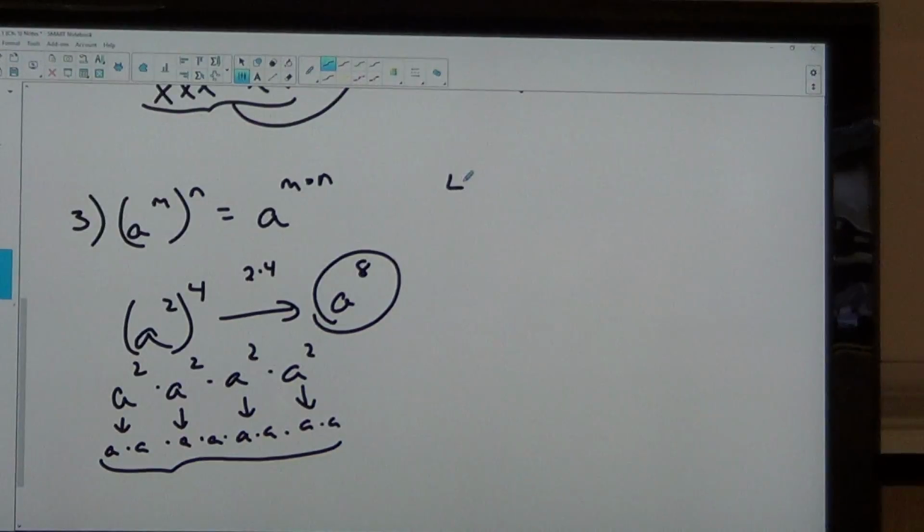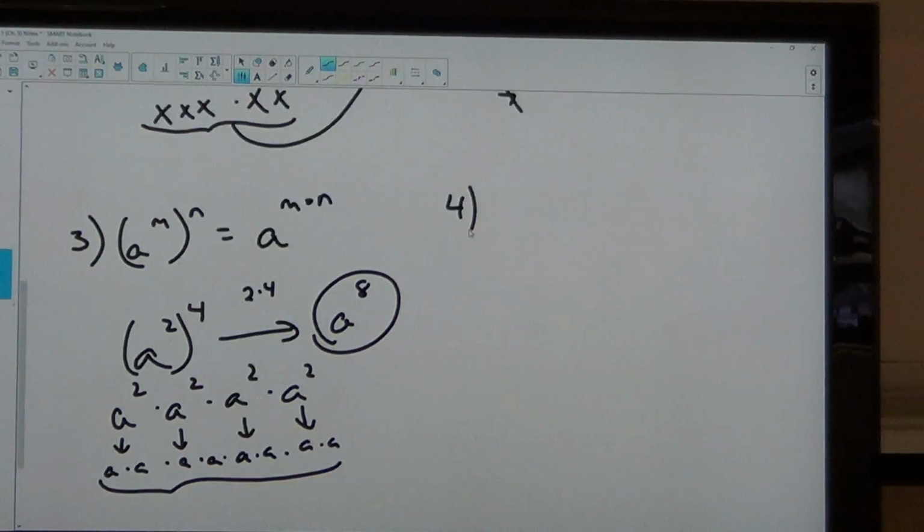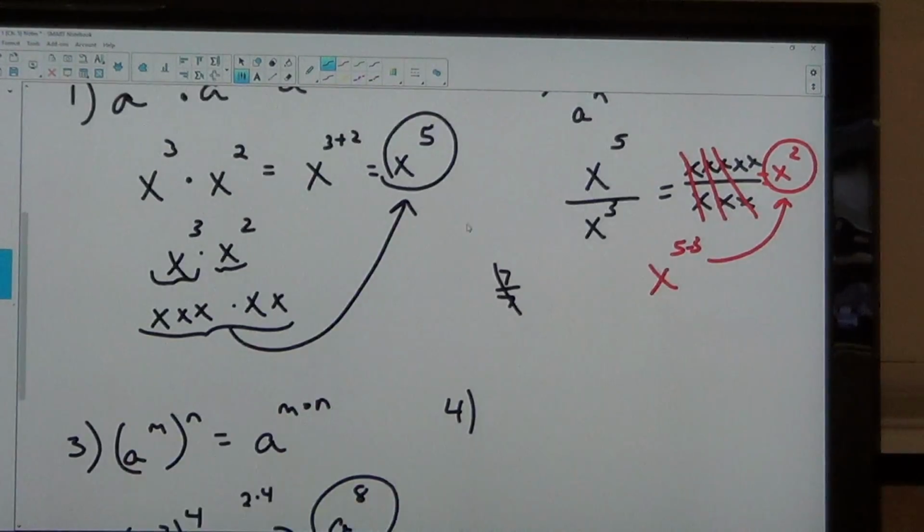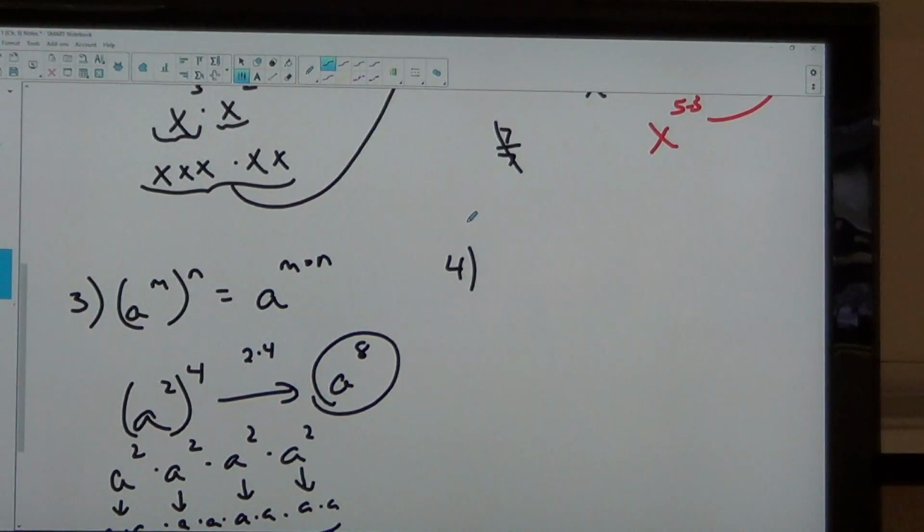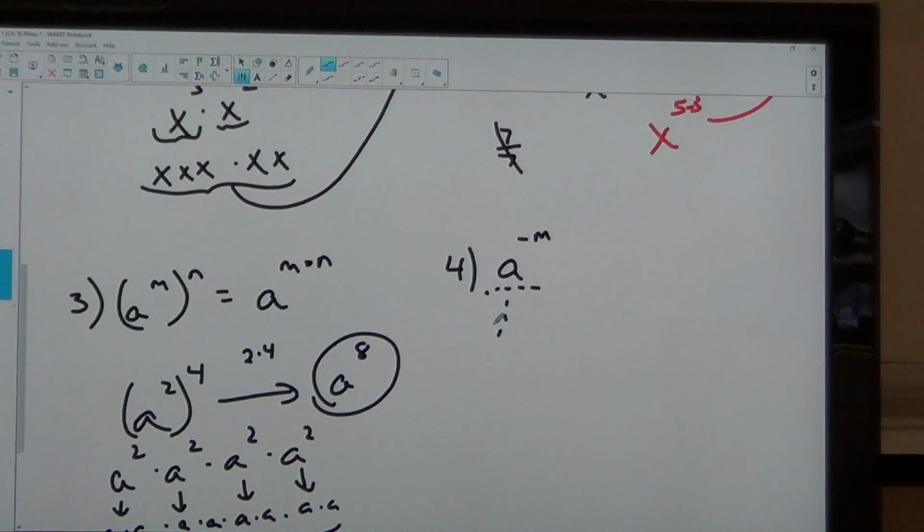Now, property number 4 says, an exponent to me is like an attitude. If your attitude is negative, it's like if you're in a 2-story house and you have a negative attitude, you go to the other floor to get happy. So this is understood to be over 1. So this A is upset.